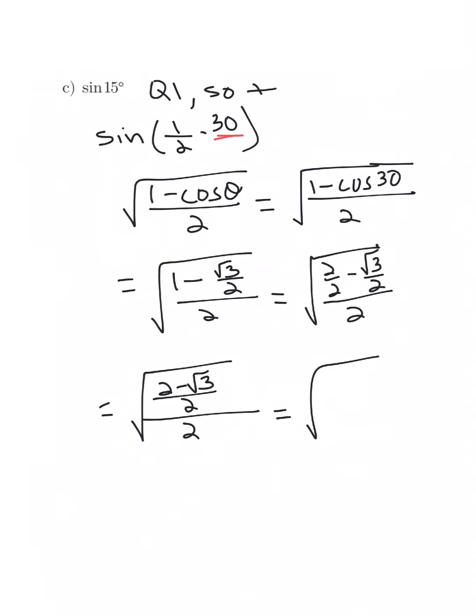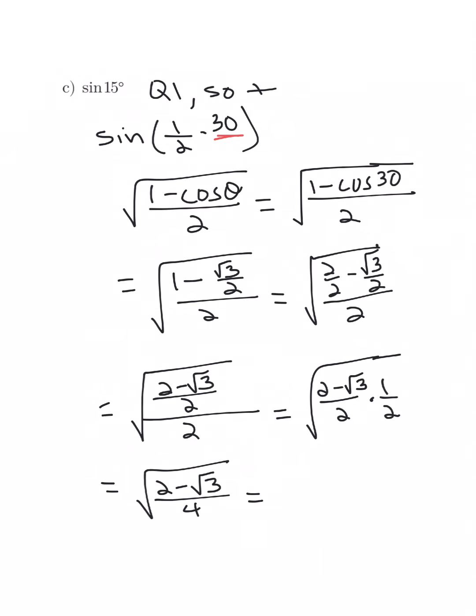Multiply by the reciprocal of the bottom. You will have 2 minus the square root of 3 over 2 times 1/2, all inside your square root. So now we have the square root of 2 minus the square root of 3 over 4.